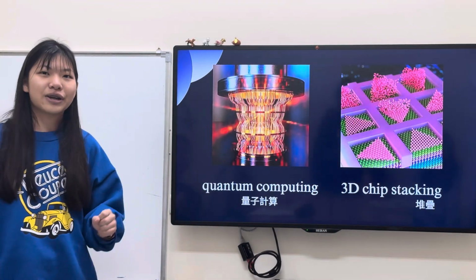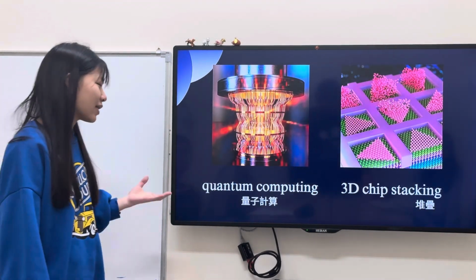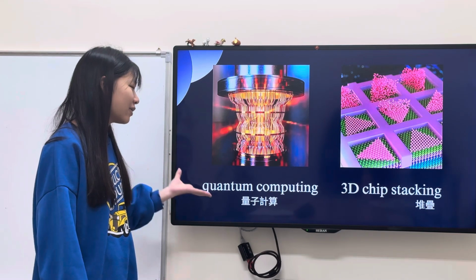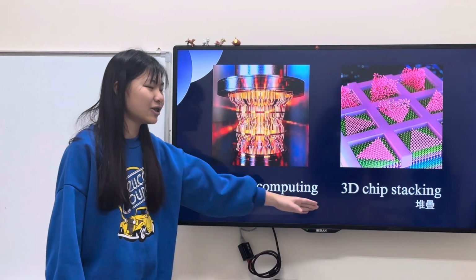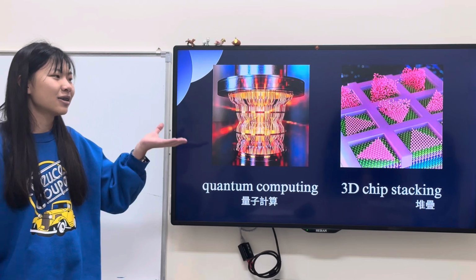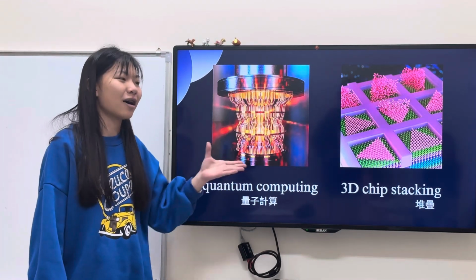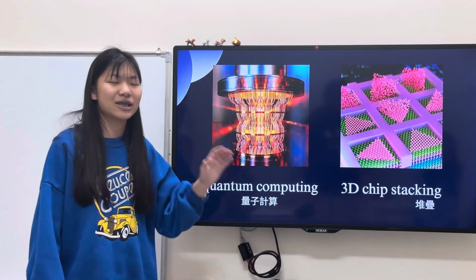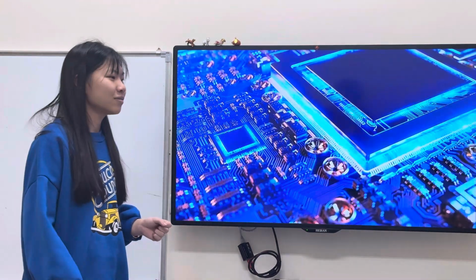And in the future, there might be breakthroughs in quantum computing and 3D chip stacking, and this can level up how chips transform information.